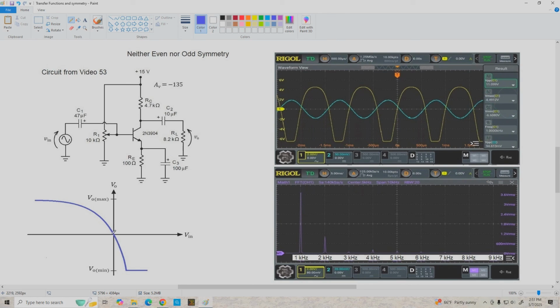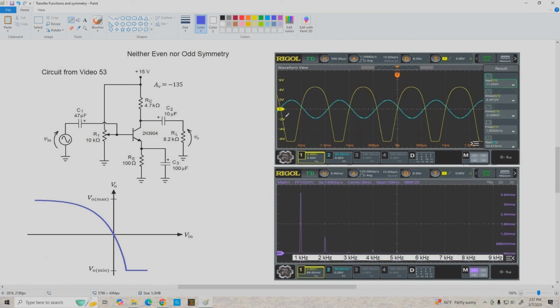the origin. Now, as the output goes positive, the voltage gain decreases, and when the output voltage goes negative, the voltage gain increases, and that's what accounted for this squashing and stretching on the output waveform that we see here in the scope capture.